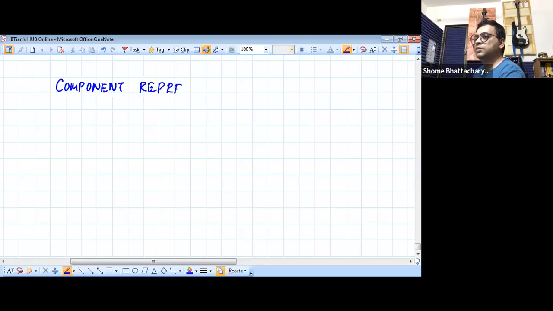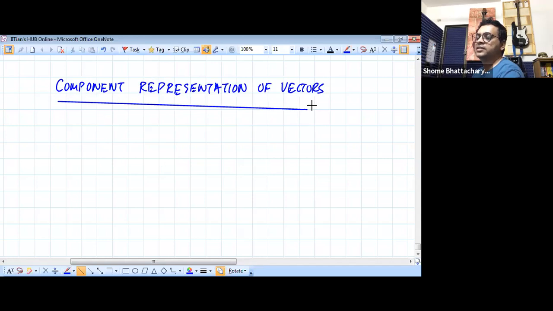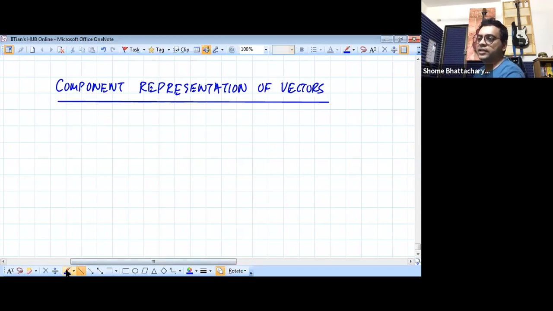Till now, we've been following the method of geometrical representation, which we saw in the first lecture. In geometrical representation, the vector is represented by drawing an arrow. Now, this is a different method of representing a vector. We will not draw the vector geometrically anymore. Instead, we will write it using an equation.